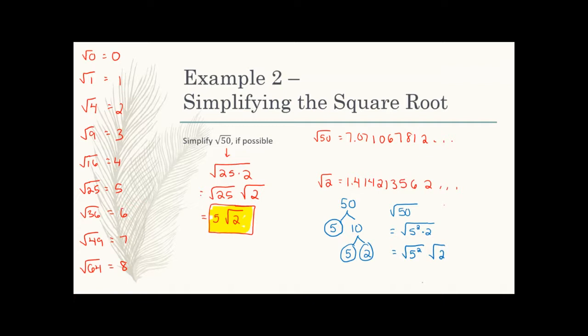That's basically what the square root does, it undoes anything that has an exponent of 2. So if you have a square root and then a 5 squared, those cancel. And so that's how you get 5. So it's the same answer. It's just, instead of trying to find numbers like I have on the left that are square roots that come out to whole numbers, you can do prime factorization and then take everything that has an exponent of 2, and then you can simplify those. So you get the same answer, so you can choose which method makes more sense to you.